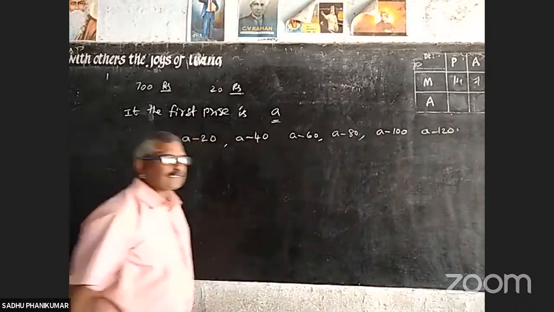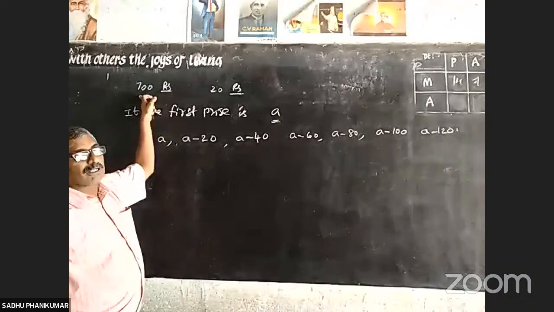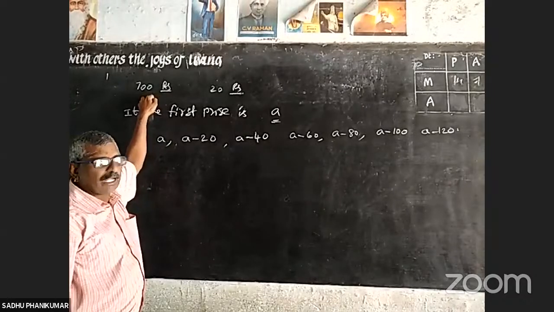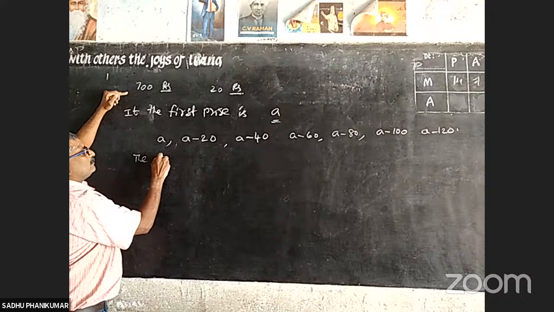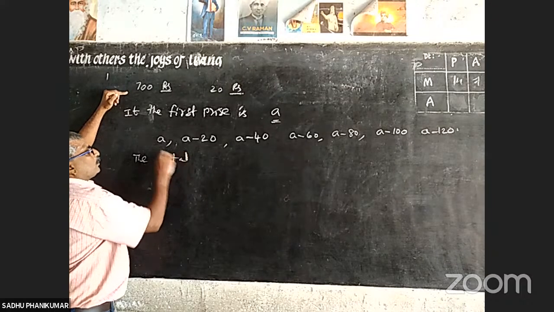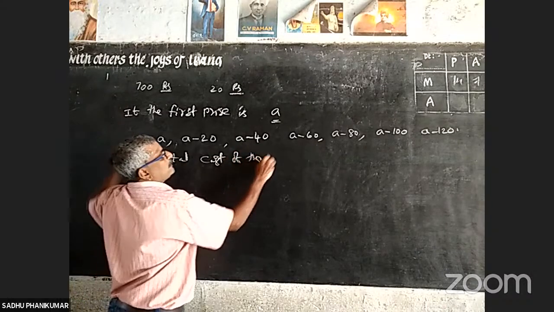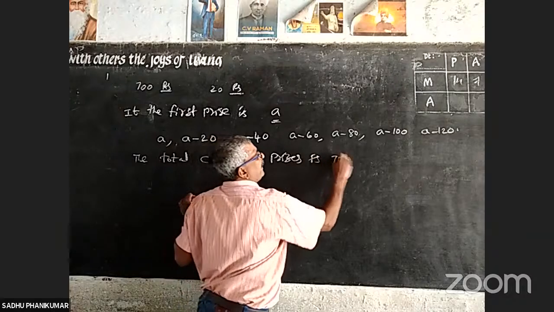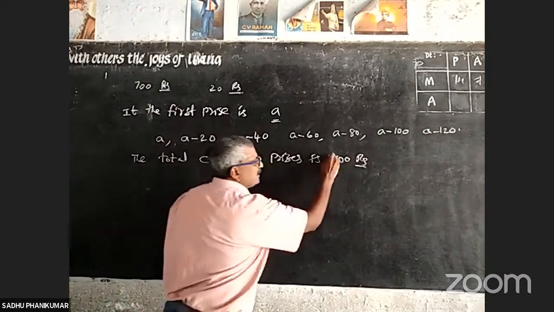These are the prizes we have to buy. What is the total value of the prizes? That is equal to 700 rupees. So the total cost of the prizes is 700 rupees.